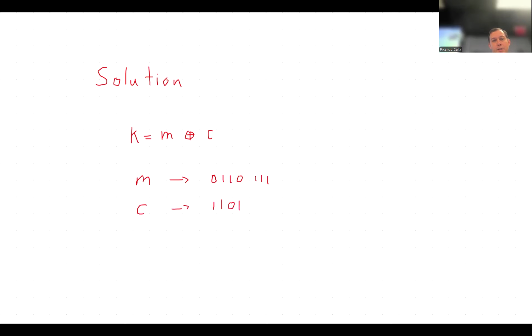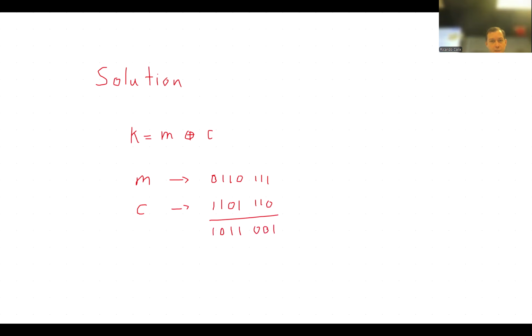All right, so then this would give you 1, 0, 1, 1, 0, 0, 1. And that's it. So you can basically provide some kind of a proof like this that this would work.